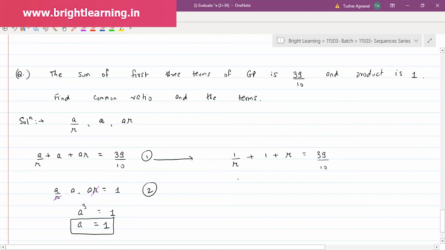Multiplying, this will be R square plus R plus 1 completely upon R is equal to 39 upon 10. So it will be 10R square, and 10R and 39R. So it will be minus 29R plus 10 equal to 0.